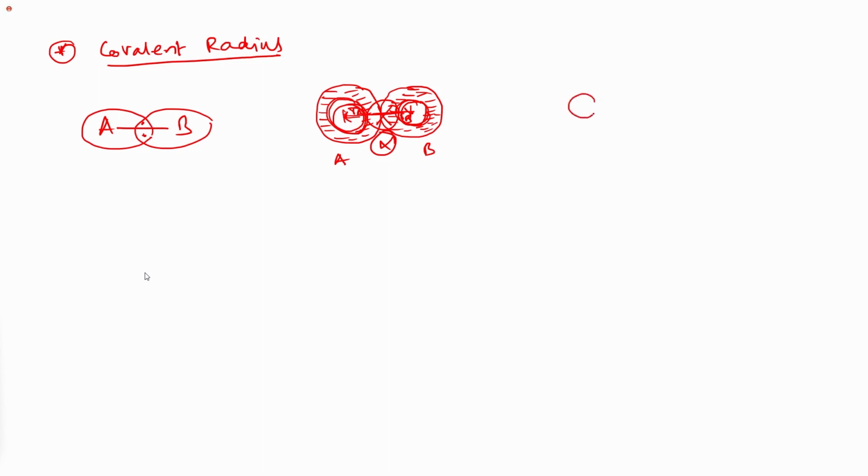To draw the covalent bond, you must know that the cores of these two atoms are attached to each other, and they form a bond that is called the covalent bond.